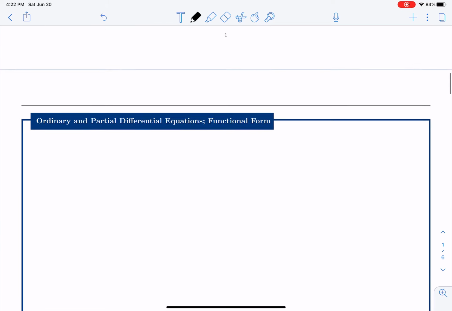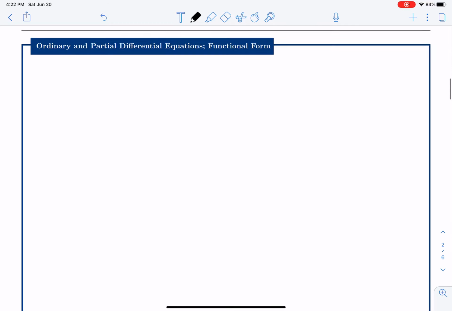So a key to understanding differential equations is to identify the type of differential equation that we have.